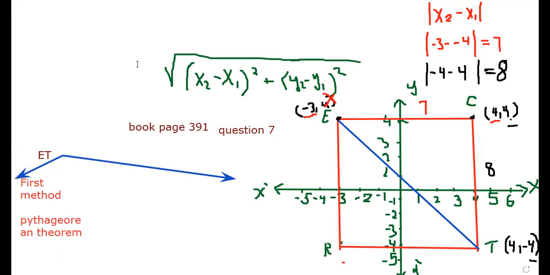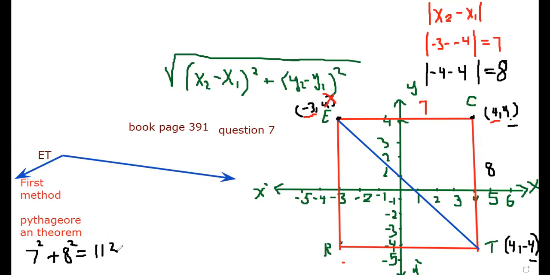We will use the Pythagorean theorem. Then it will be 7 to the power of 2 plus 8 to the power of 2, equal how many? 113. Yes, but it's root 113.